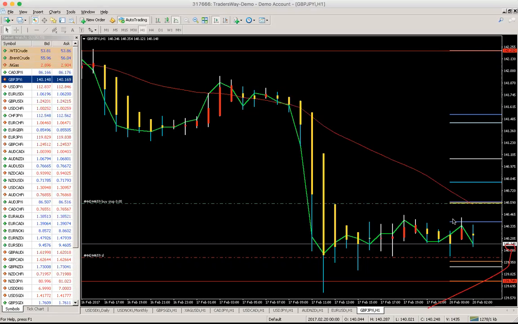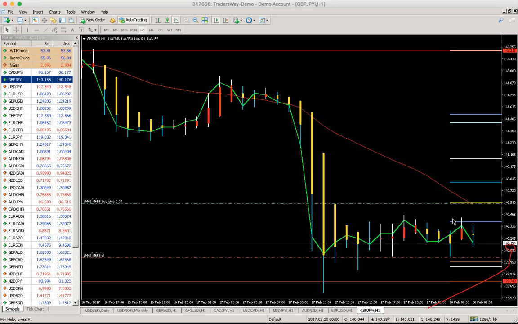What you have to learn about the pairs that you trade is when they consolidate, and when they consolidate, how much they move in their normal movement. For a lot of pairs, London is when they move.